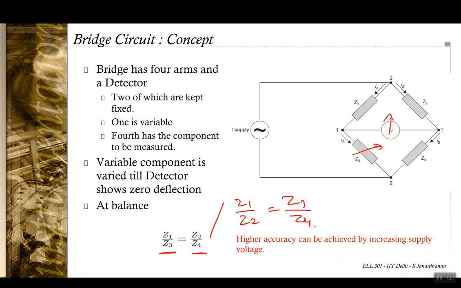Since the detector is actually a current measuring device and its deflection is proportional to the voltage drop across the terminals 1 and 1 dash, the detector sensitivity, or the accuracy, can be increased by increasing the supply voltage. That is one way that you can increase the effectiveness of a bridge circuit. But that's not the only way. That's the most obvious way only.